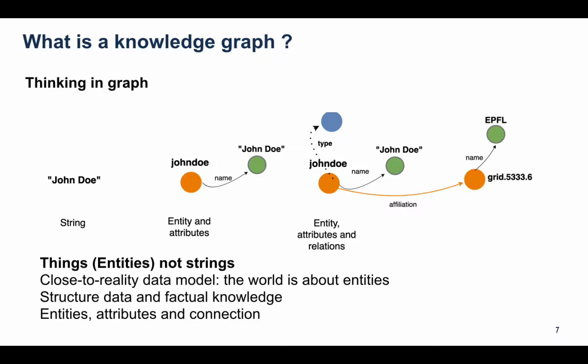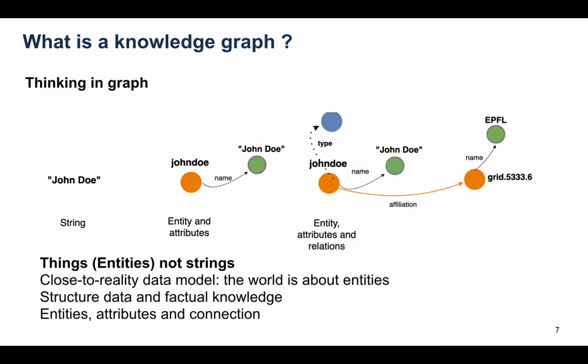So deploying a graph system in an organization requires changing thinking a little bit, to be more data-centric rather than string or text thinking. So that's called thinking in graph. For example, here I show some examples. You move from a string up to an entity which has an ID, John Doe, a bunch of attributes, its name, and which is in relationship with another entity. Here, something which has a name, a pair file.